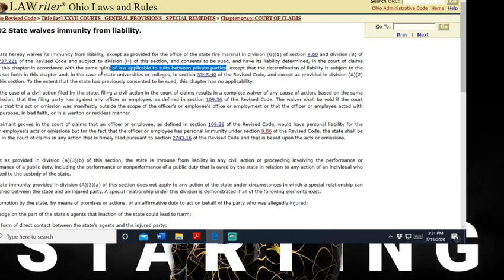It says the same rules of law applicable to suits between private parties. The state hereby waives its immunity from liability except as provided for the office of the state fire marshal, and then to talk about that.